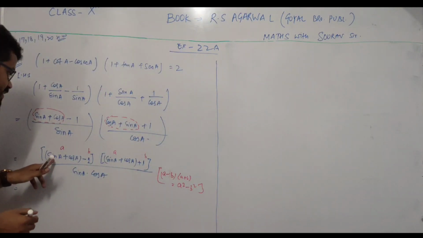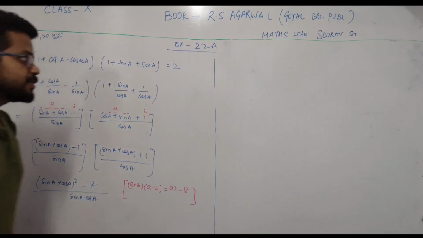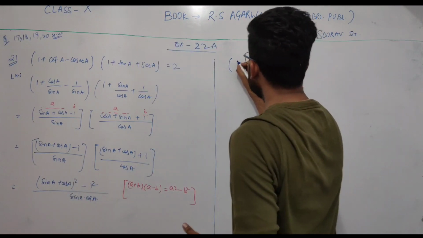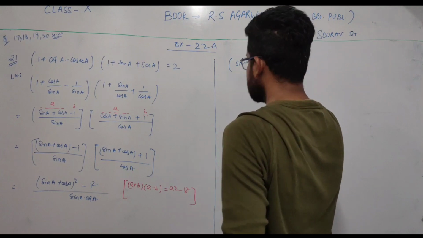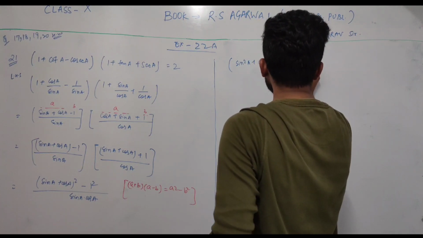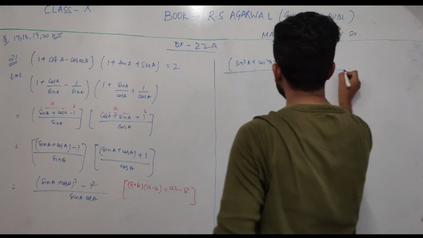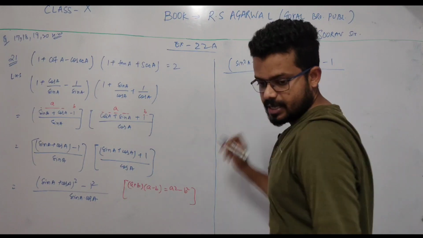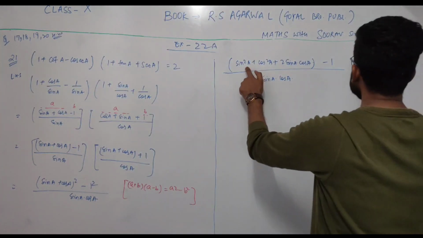Okay, so here this is sin A plus cos A whole square, as in A plus B whole square. So I write sin square A plus cos square A plus 2 sin A into cos A minus 1, divided by sin A into cos A. Why do I write this?